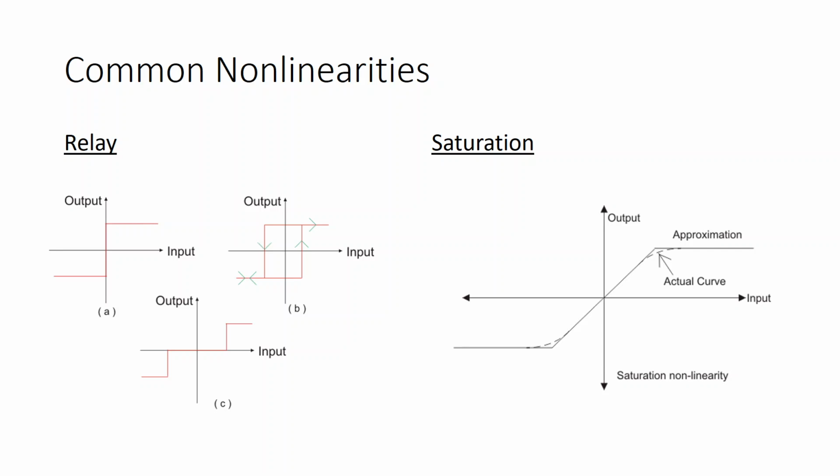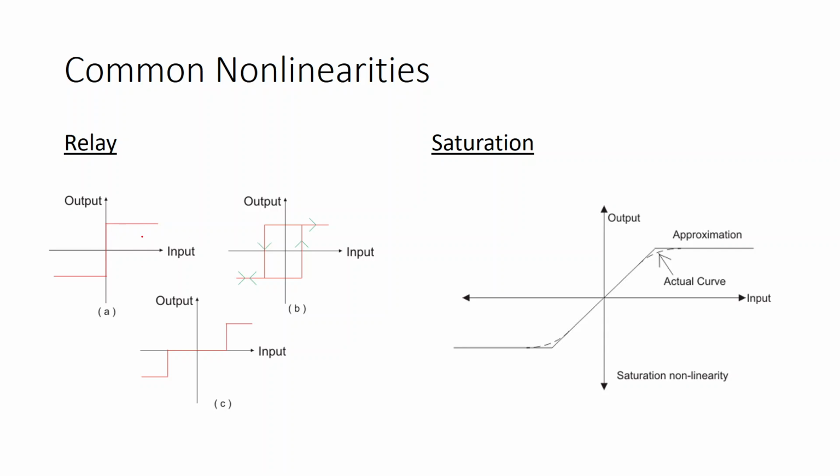The relay or the switch exhibits an on-off sort of behavior. When the input is greater than 0, the output is something, and when the input is less than 0, the output is exactly the opposite. So it is like an on and off situation, very binary in nature.